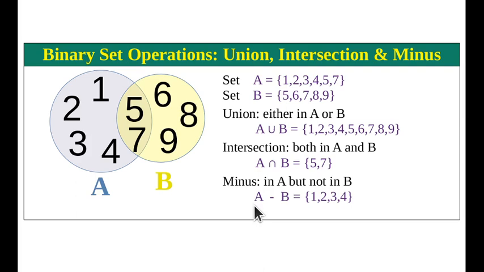Here also A minus B gives you the set of the elements 1, 2, 3, 4. So in simple language you can say the elements which are only in set A, that you will get after the minus operation. Understand, girls?